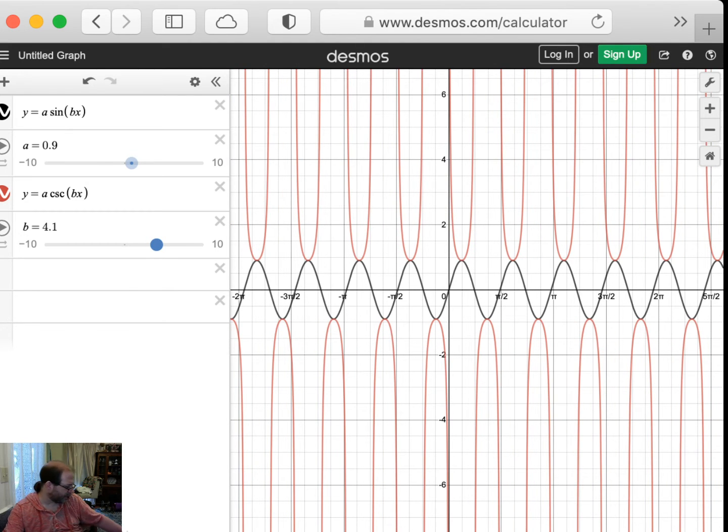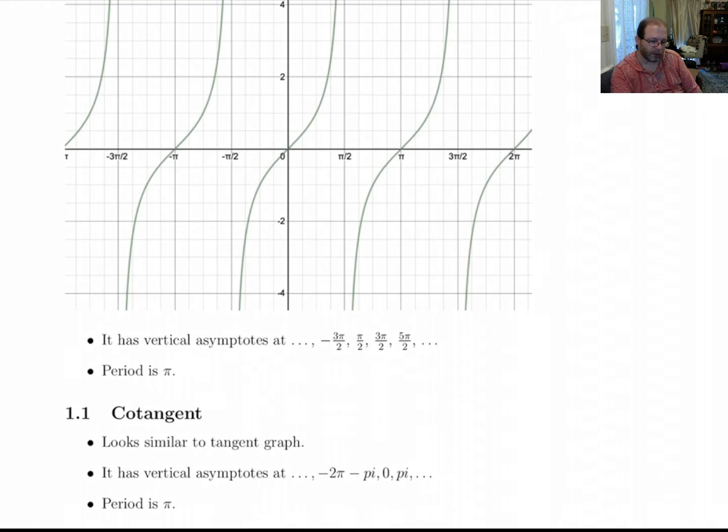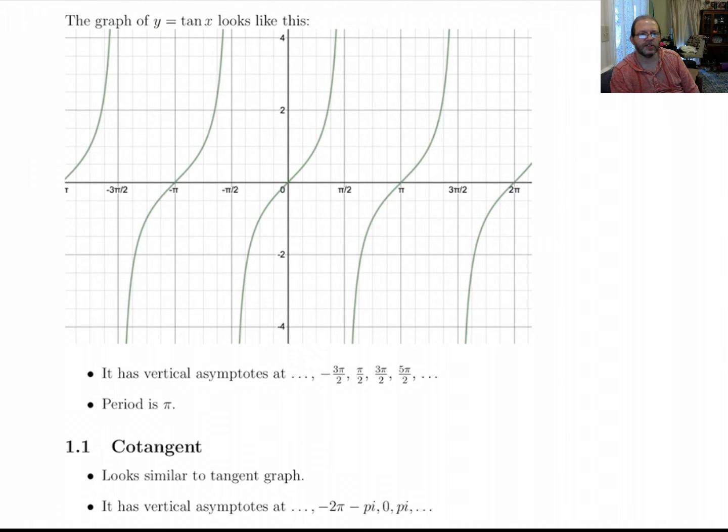So anyway, I just wanted to show you what these graphs look like. Like I say, the main thing to know from this is you need to know what the tangent looks like. But apart from that, the rest of the section isn't a big part of stuff you'll use later on.